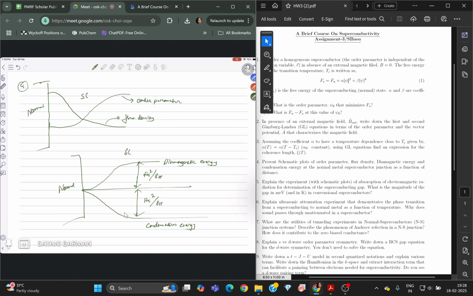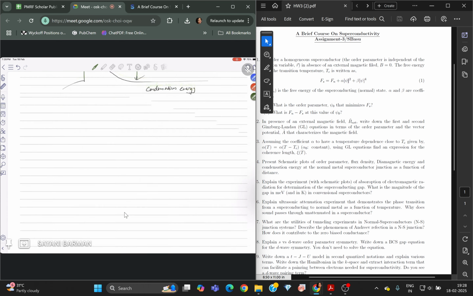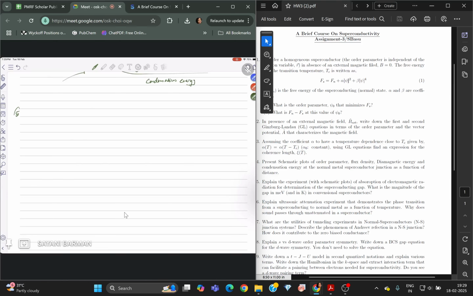So when an electromagnetic wave is incident on a superconductor, absorption occurs at a frequency, I guess, given by h nu equals 2 del. Del is the superconducting gap, right? And for conventional superconductors, del is 1.76 kB into Tc. So this unit is Kelvin, so by this we can also detect in Kelvin unit.